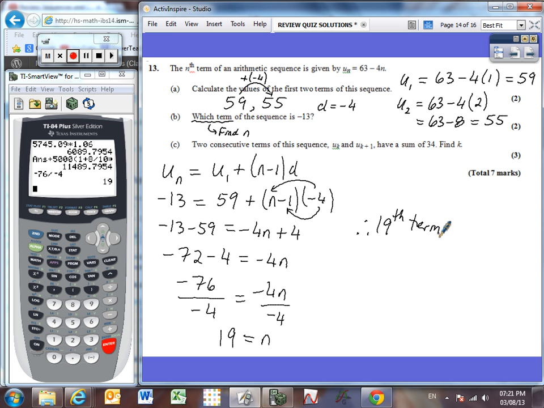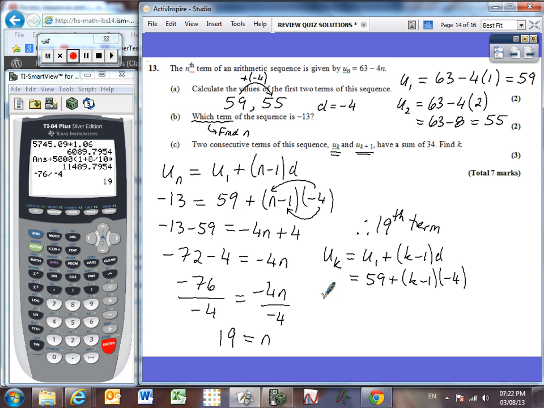Part C says 2 consecutive terms of the sequence have a sum of 34. So let's find an expression for uk and uk plus 1. uk then must be equal to u1 plus k minus 1 times d, or if I substitute, that's going to be 59 plus k minus 1 times negative 4.